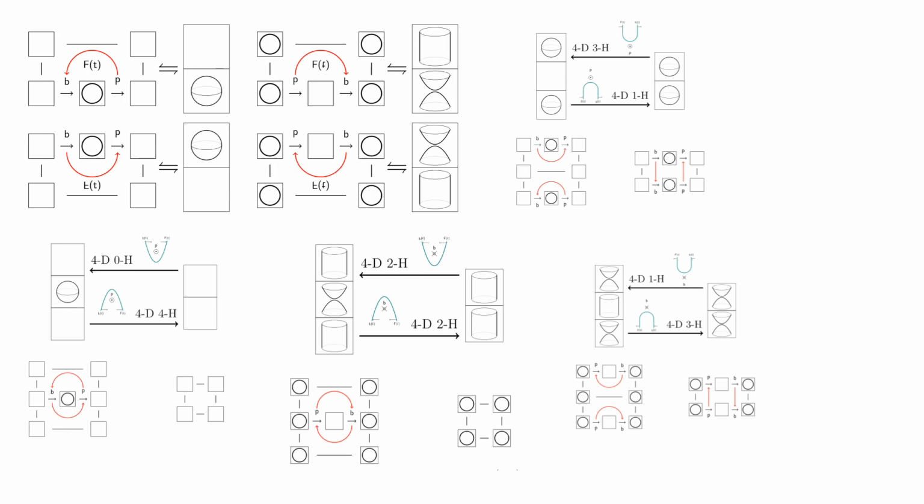And that comparison is a two handle or a one handle, depending on which direction you're considering it. On the right hand side, we have other comparisons. So we compare a sphere death to a sphere, and the composition of a sphere death followed by a sphere birth to the identity on a sphere, and those are either four-dimensional three handles or one handles.